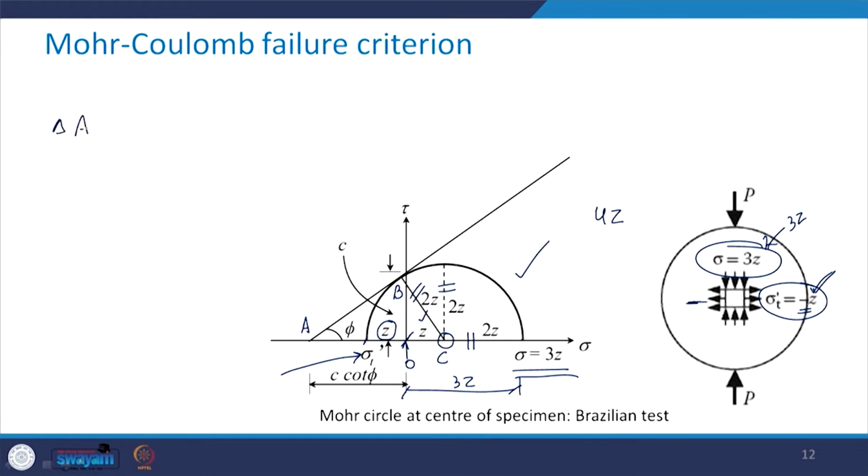in triangle ABC, what you are going to get is this distance 2Z divided by C cot of phi plus this distance Z. So C cot of phi plus Z is going to be equal to sine of phi. Simple trigonometry.